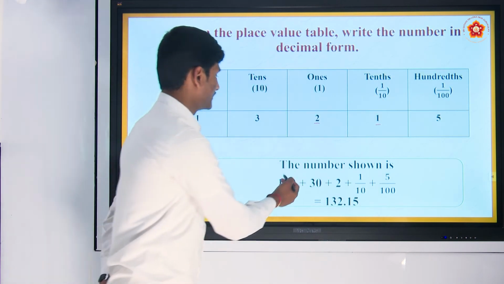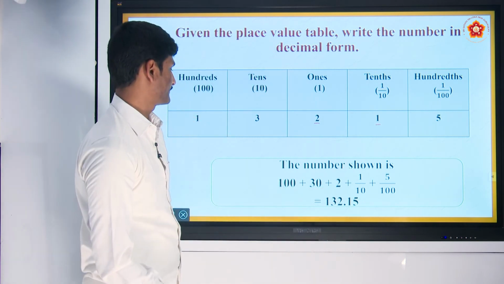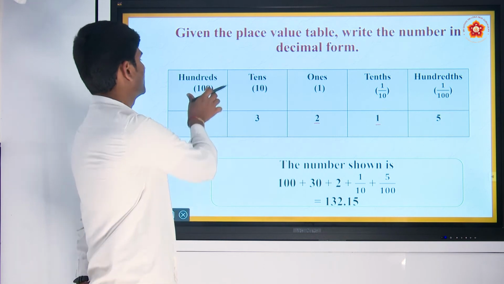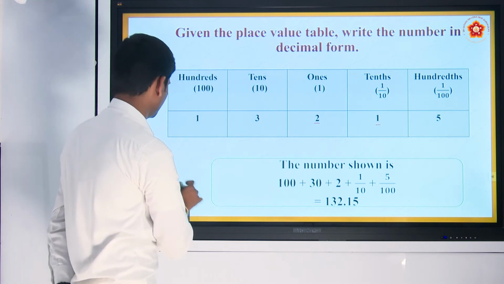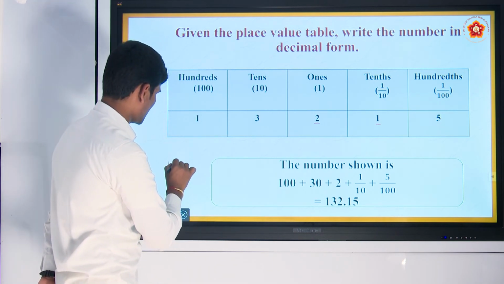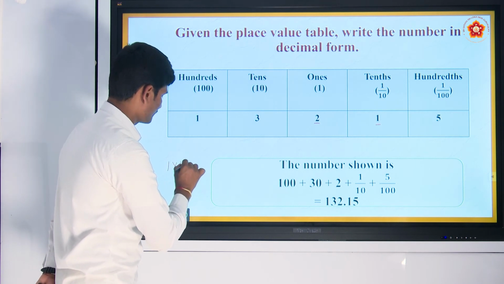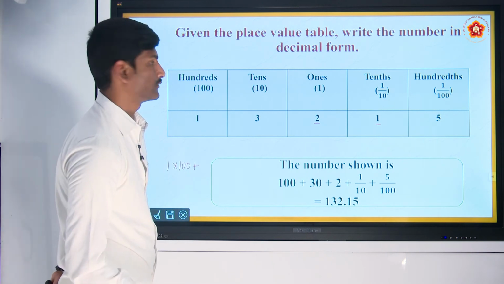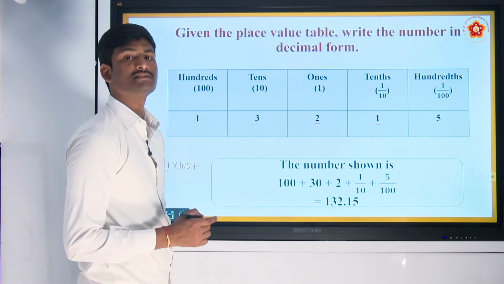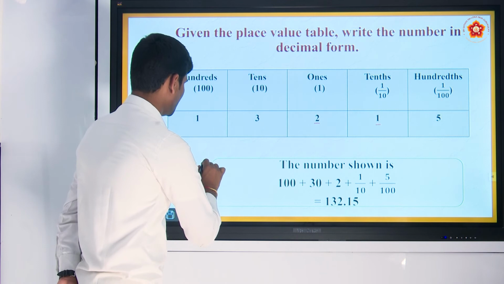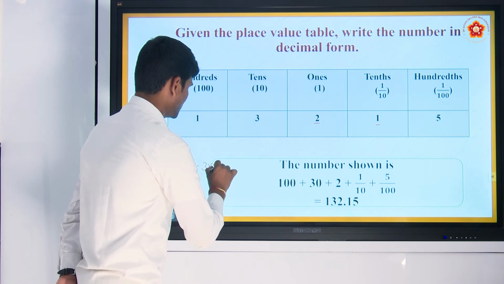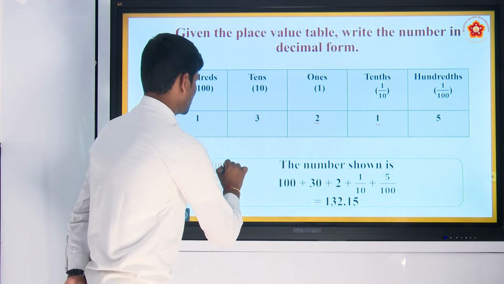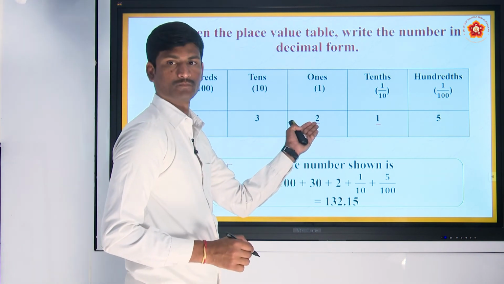See, the number shown is 1. What is the place value of 1? Hundreds place, 1 into 100. Then plus, what is the place value of 3? Tens place, 3 into 10. Then plus, what is the place value of 2?